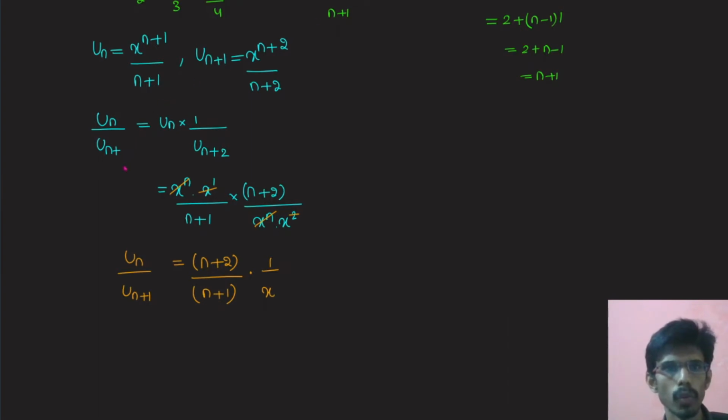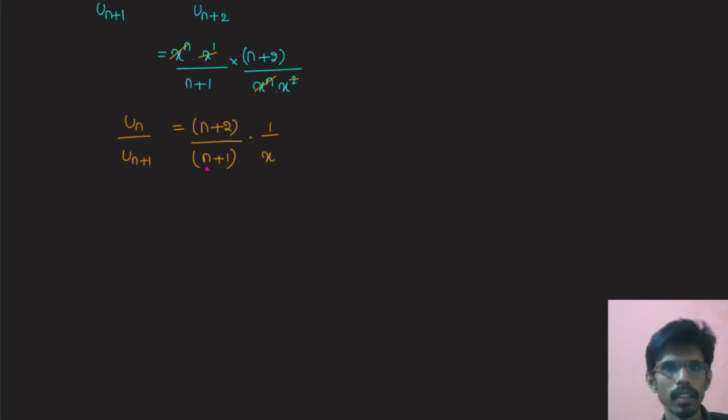Now take n common from numerator, I'll get 1 plus 2 by n. Take n common from denominator, we'll get 1 plus 1 by n, into 1 by x.